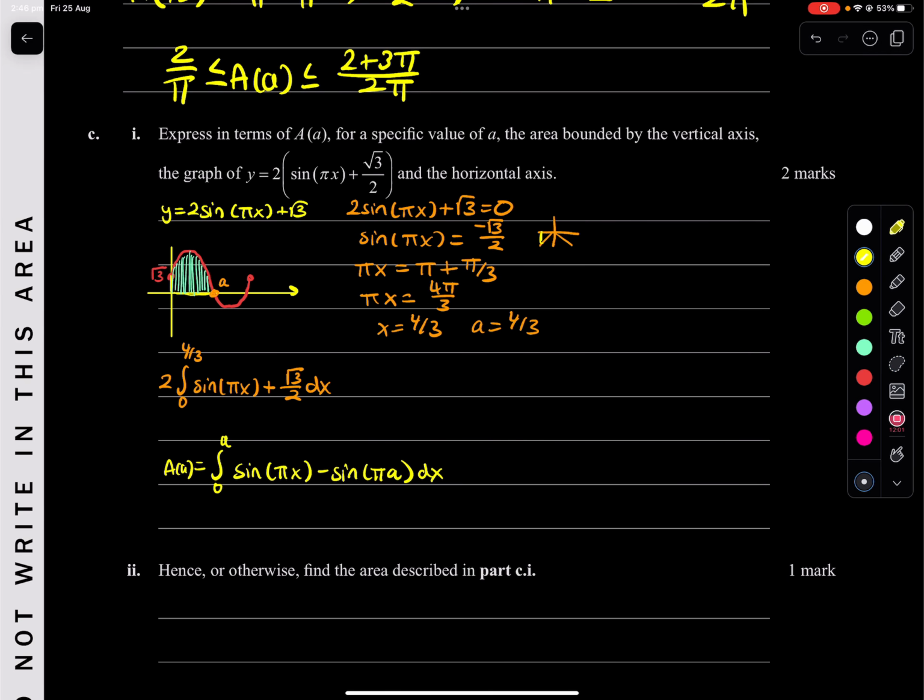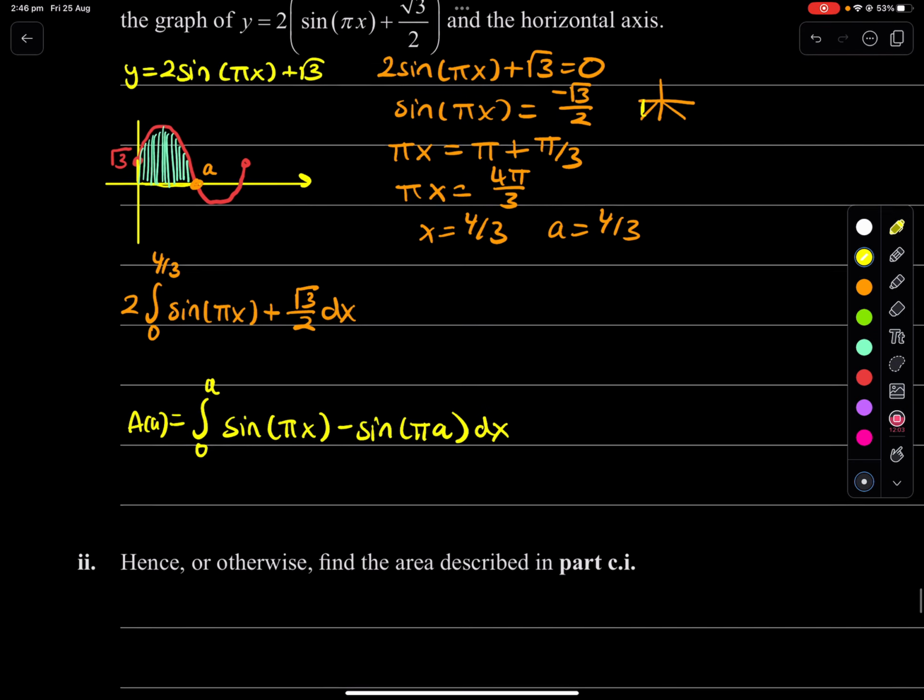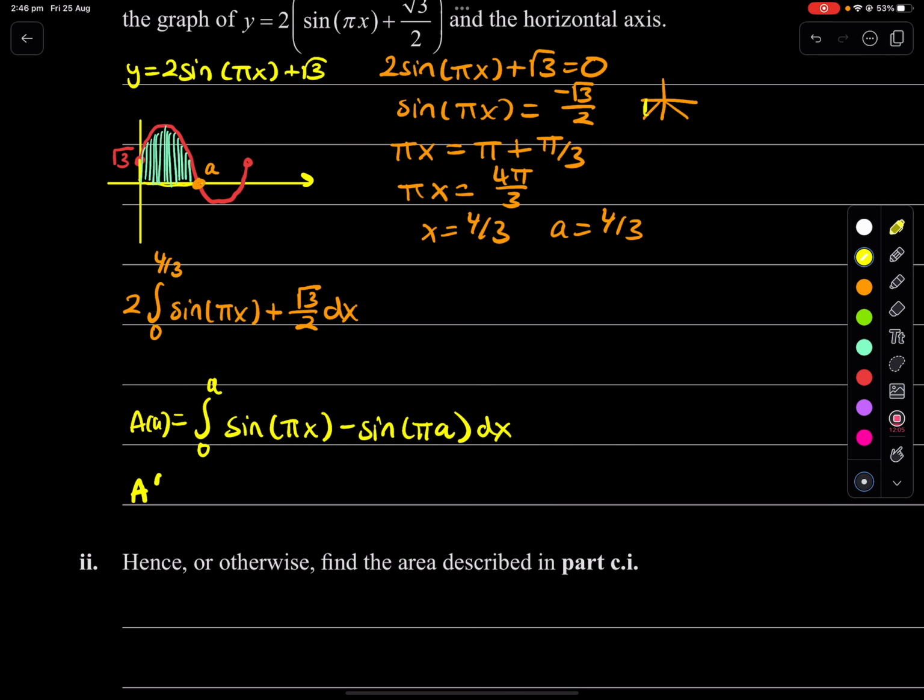Because we know our a value is 4 on 3, let's sub it in: from 0 to 4 on 3, sine pi x minus sine pi on 3. Sine 4 over 3, so pi plus x, plus root 3 on 2 dx.